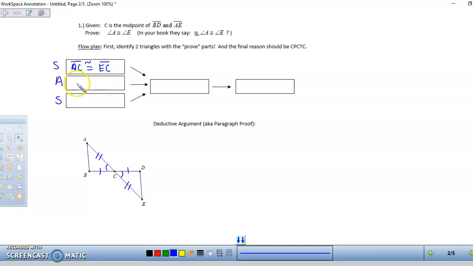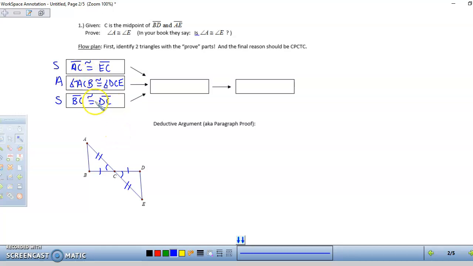The angles would be angle ACB congruent to angle DCE. And it doesn't actually matter which direction you name the angle, so that is totally fine. And then BC is congruent to DC, those segments.